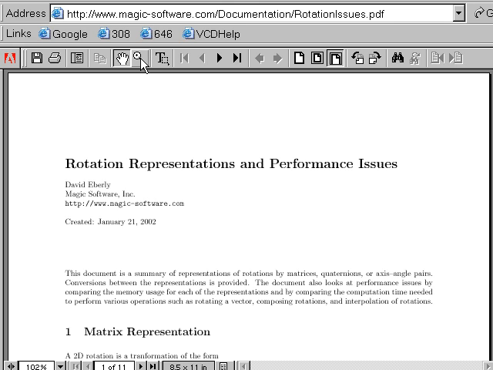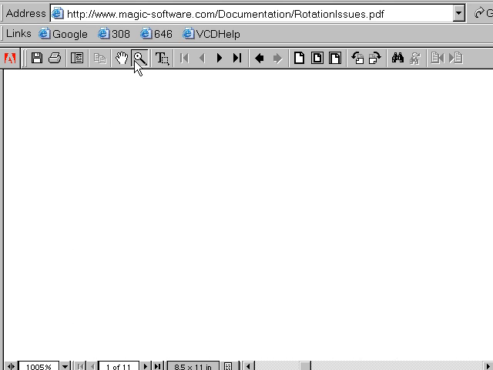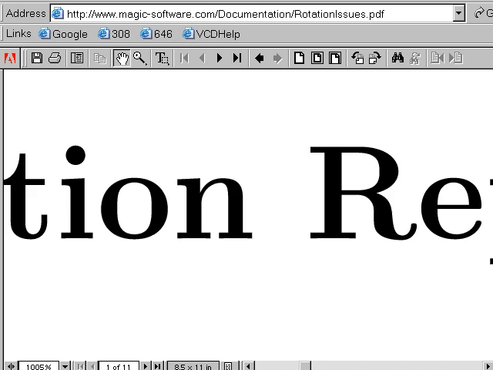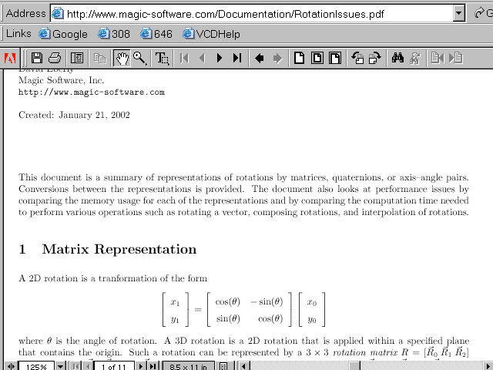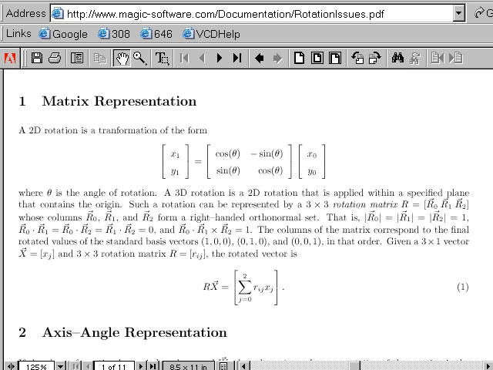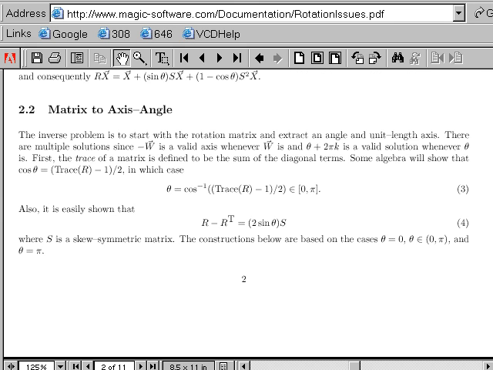Okay, so this technical report talks about technical issues related to the difference of representing rotations by matrices versus complex numbers versus what we talked about, quaternions.